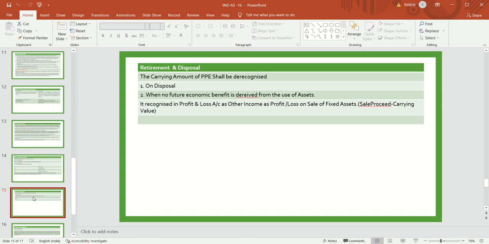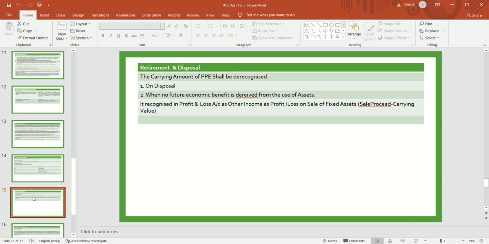If there is no utilization of that asset, suppose in case of a ban, the government has banned that asset, or the useful life of that asset is fully utilized and over, or at the time of impairment, no future economic benefit is there.